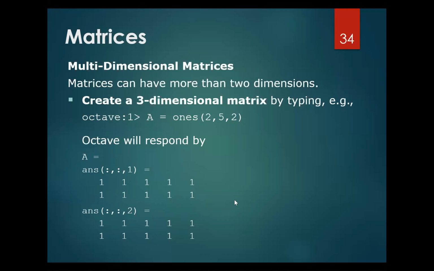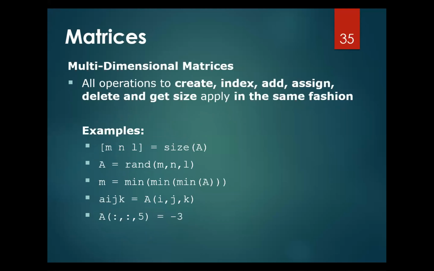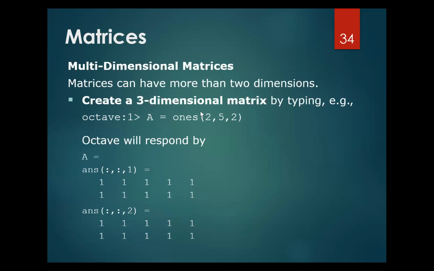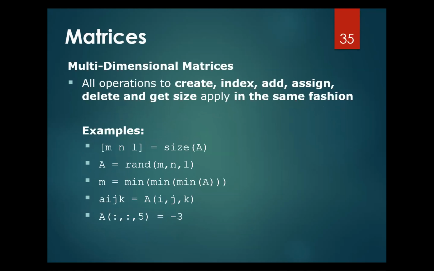I'm just explaining it. I wish I had a board to explain that for you to look at. Ordinarily, we'd have said 2, comma 5, and that's a 2 by 5. So 2, comma 5, comma 2 means 3 dimensions. But for the purposes of the video, let me skip this and I want you to read on it.